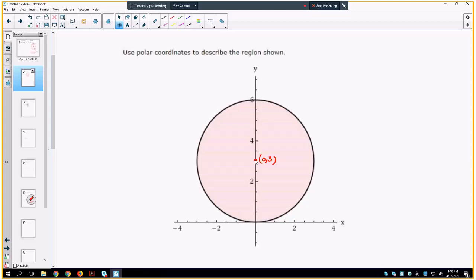This point up here looks like 0, 6, and down here, of course, 0, 0. So I have a circle of radius 3 centered at 0, 3. The equation for that circle should be x squared plus (y minus 3) squared equals the radius squared.